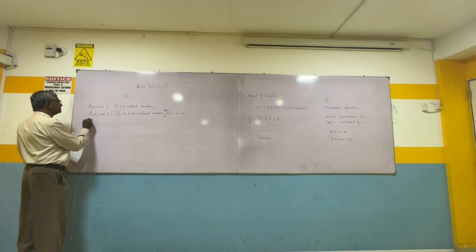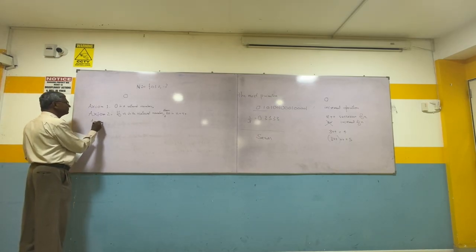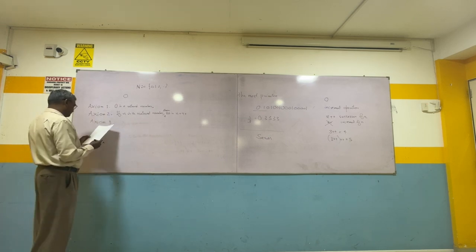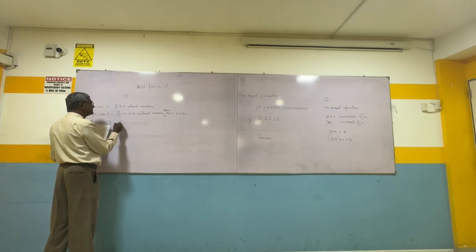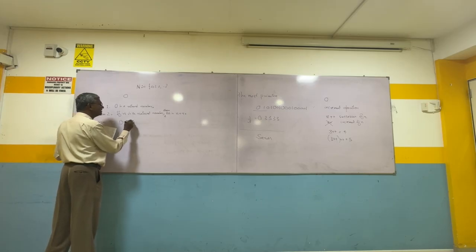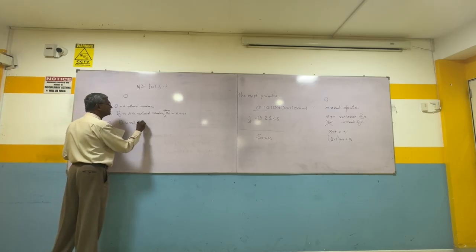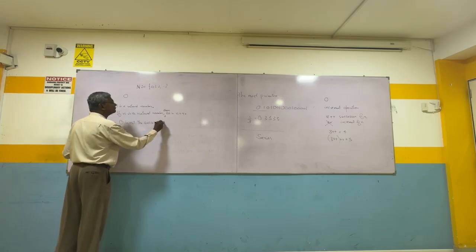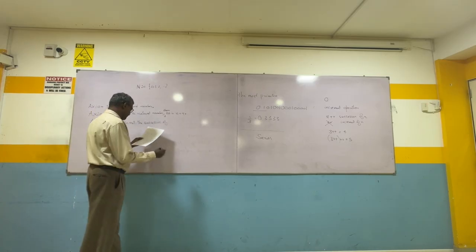Axiom 3: 0 is not the successor of any natural number.